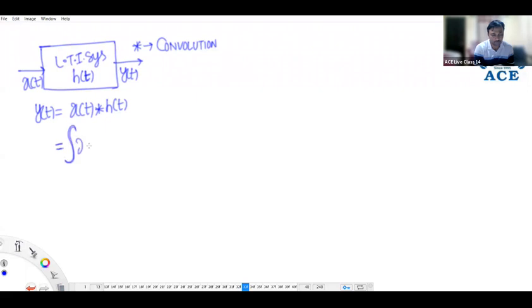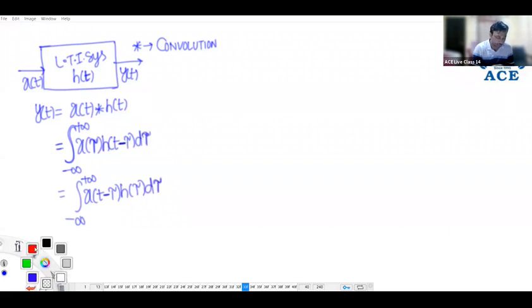It is given in two styles: integral x of tau h of t minus tau d tau, one formula, or the other way, x of t minus tau h of tau d tau. Convolution is commutative, like AB equals BA: x of t convolved with h of t is h of t convolved with x of t. That is the reason both relations are valid. Both formulas are correct.